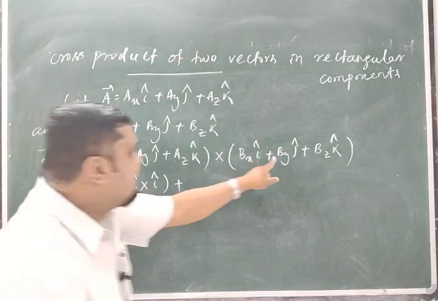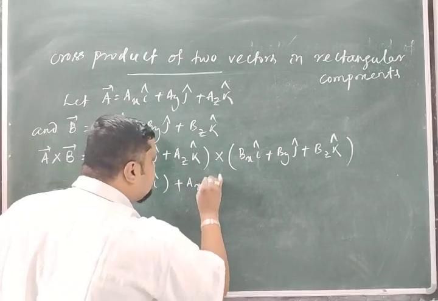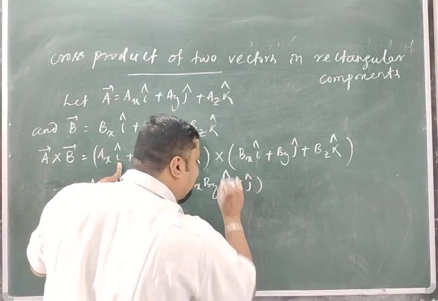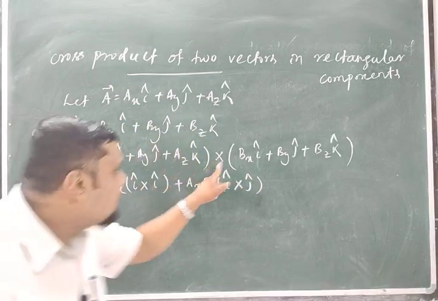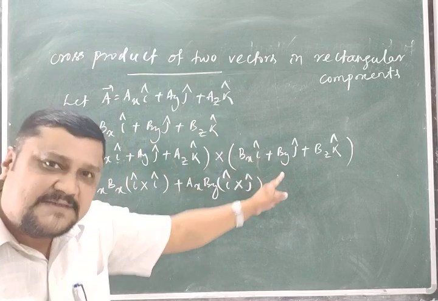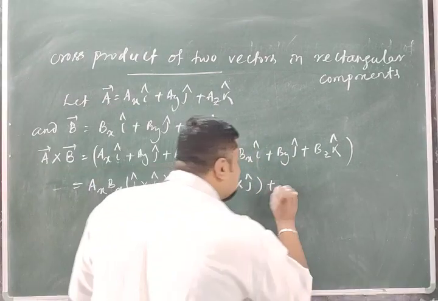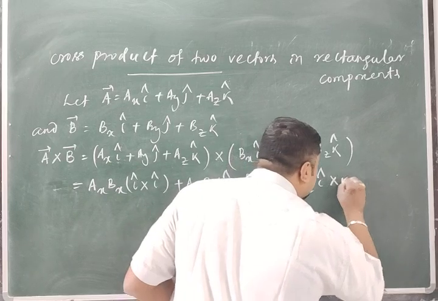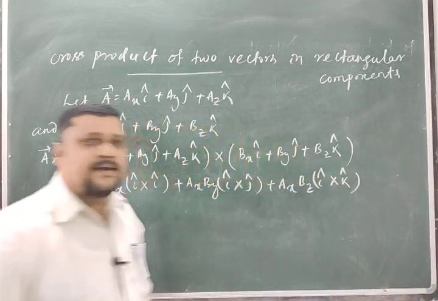That is the important point. Plus multiply with the second one, ax by I cap cross j cap, because I cap comes first, then j cap, plus ax bz I cap cross k cap. Clear?